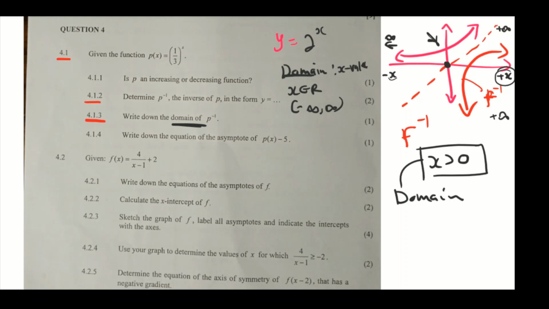This should tell you that the domain of the inverse function is this one. X must be greater than 0. So that is the domain. I hope we are clear. The answer to this question is x is greater than 0. So anyways, let's continue now.